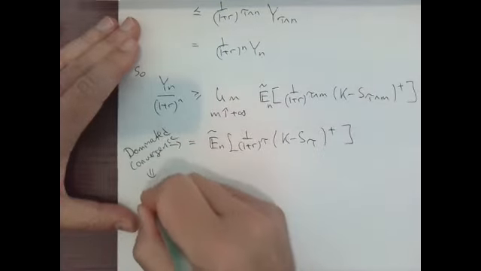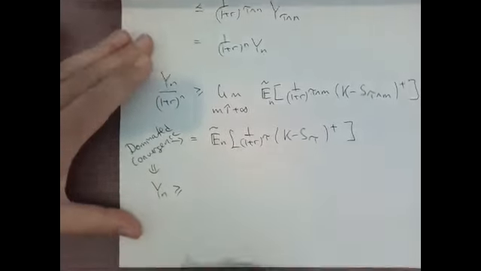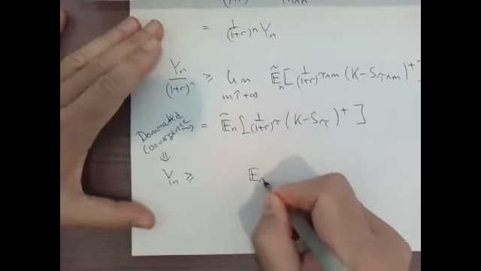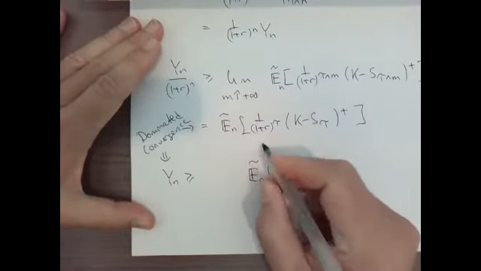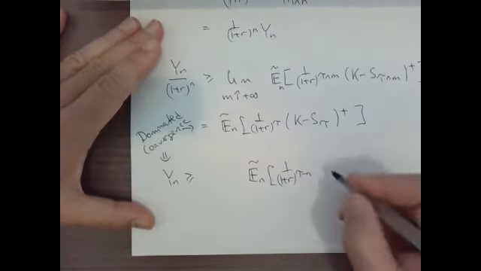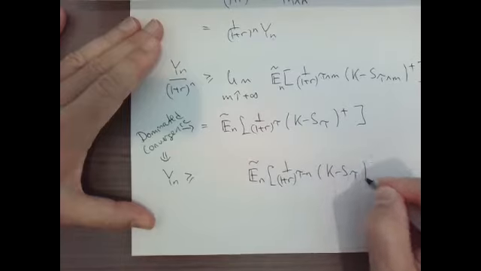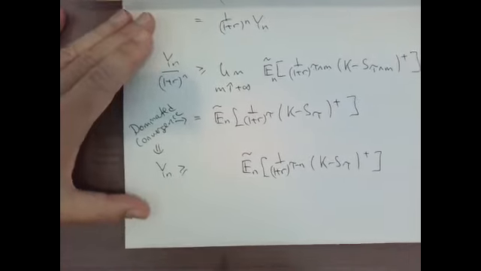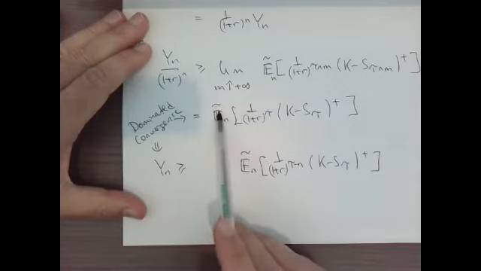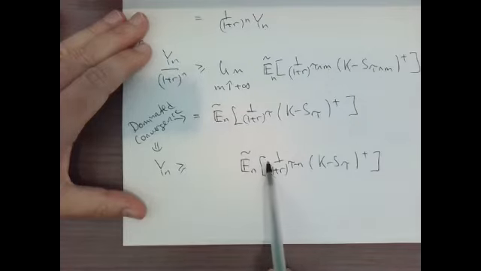So this implies that Y n is bigger than the expectation of (1 plus r) to the tau minus n times (K minus S tau) positive part. From what I had over here, I moved the discount factor to the other side and put it in here.